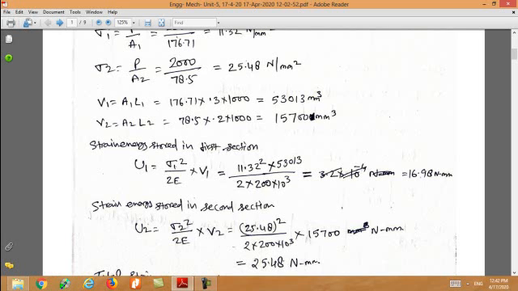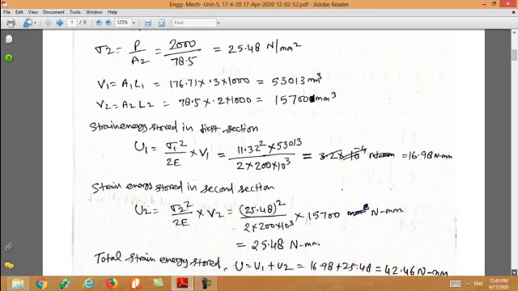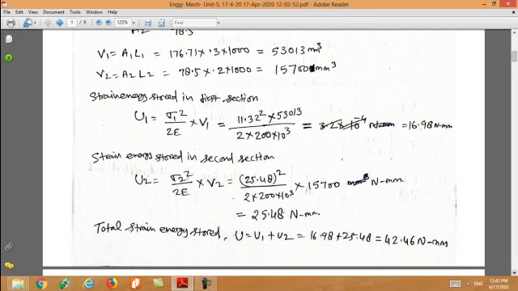So we are calculating U1 and U2, the strain energy stored in section 1 and section 2. The definition of the strain energy: when a load is applied, energy is stored in the section in terms of strain, which is called the strain energy.